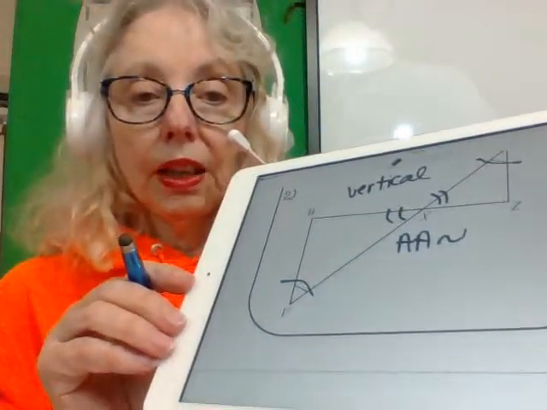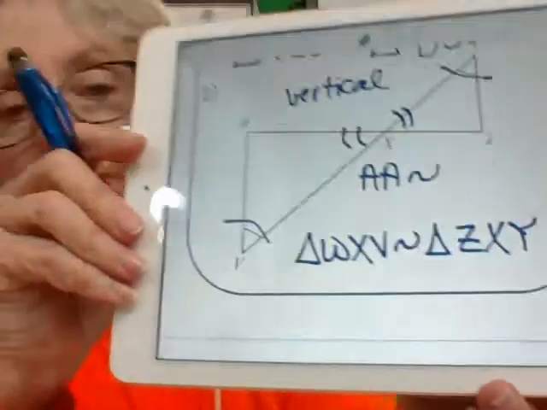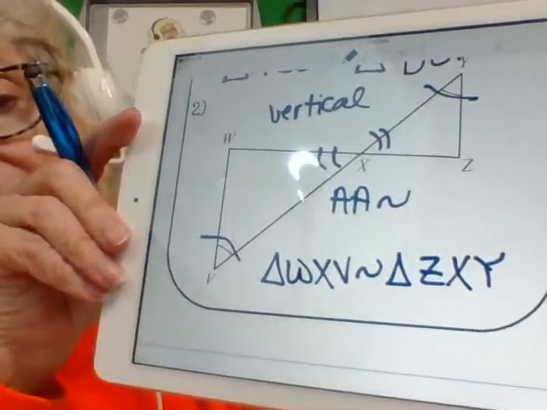Therefore, these triangles are similar because of angle-angle similarity. And therefore, we would say that triangle WXV is similar to triangle ZXY. Okay, that's our similarity for angle-angle.